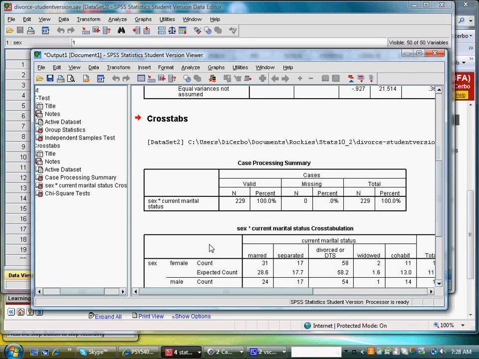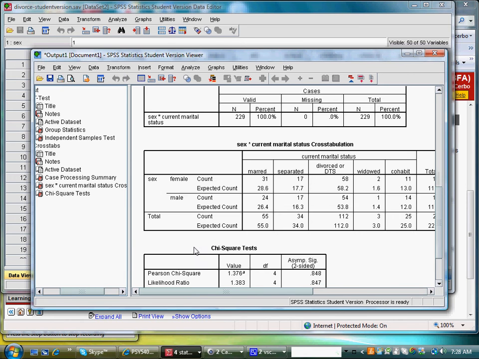And so we end up there with our different marital statuses, so married, separated, divorced, widowed, cohabiting. And what we have is the count is the number of people that are in each category, and then the expected is based on their percentage in the sample, what percent we would expect to be in there.